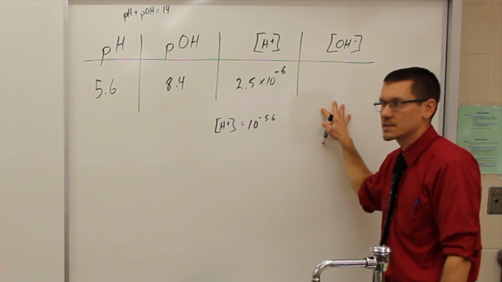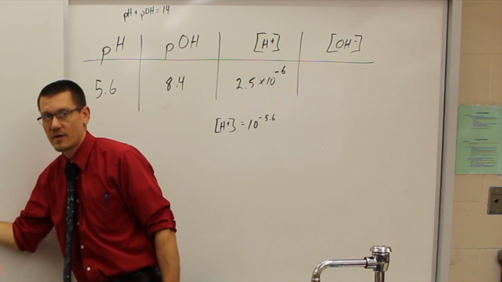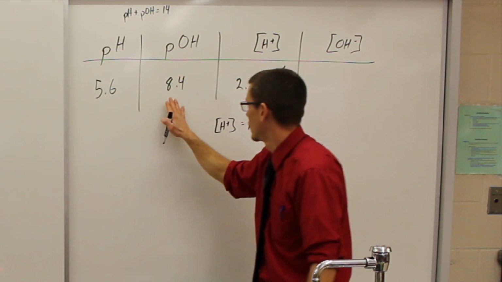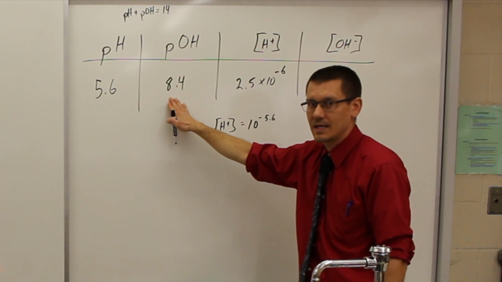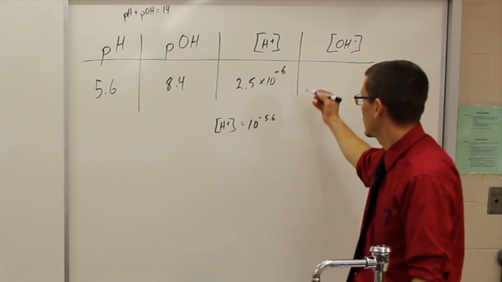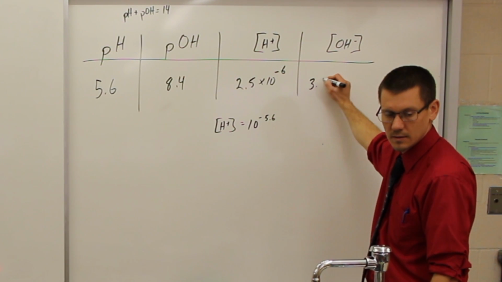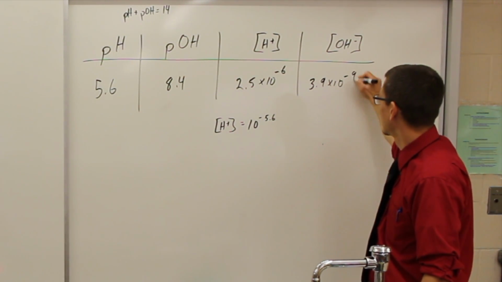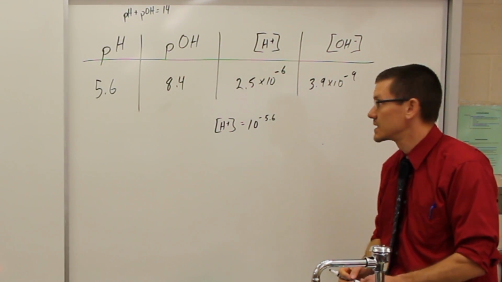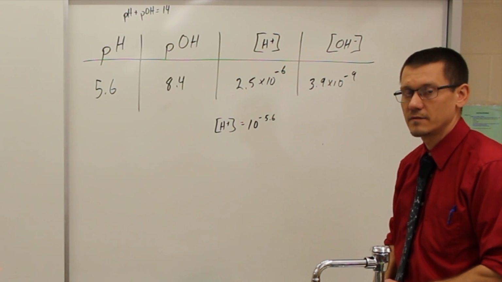Then to get our hydroxide, we can either put that value in here and divide out with our constant, or take 10 raised to the negative pOH. So either way you do that, you're going to get a value really close to 4 times 10 to the negative 9. I got 3.9 times 10 to the negative 9. And that's the math for acid base.